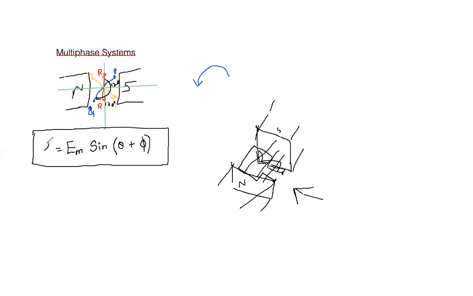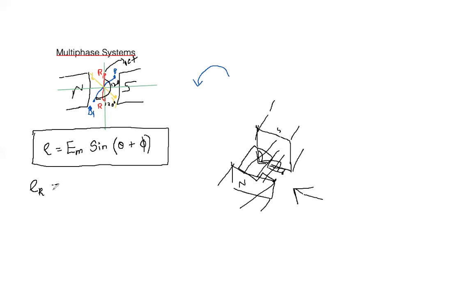Welcome, Mr. Joseph. Okay. Why am I writing R? Okay, so this one is an instantaneous value of the EMF in each of those coils. So now if we want to find the EMF in the red coil, we are taking this as our reference, so that the phase angle there is going to be 0.